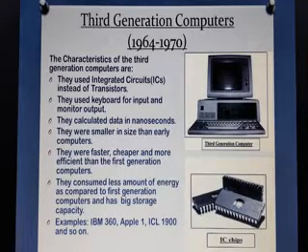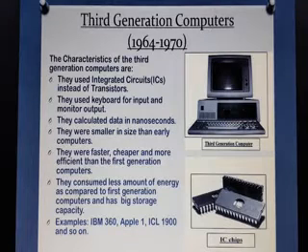Now the next characteristic is they consumed very little energy as compared to the first generation computers. As I've already told you, the third generation of computers consumed very little energy as compared to the previous generations.